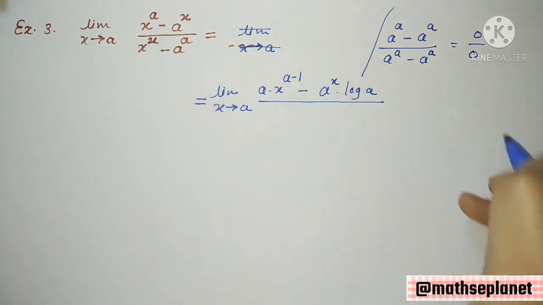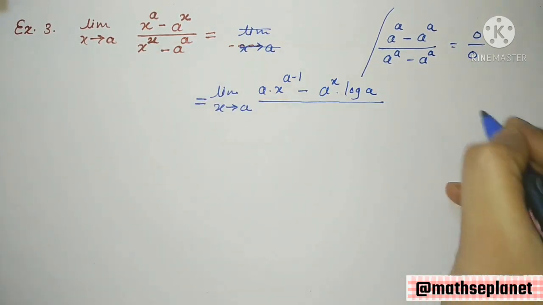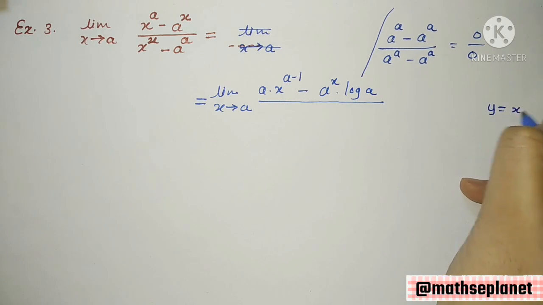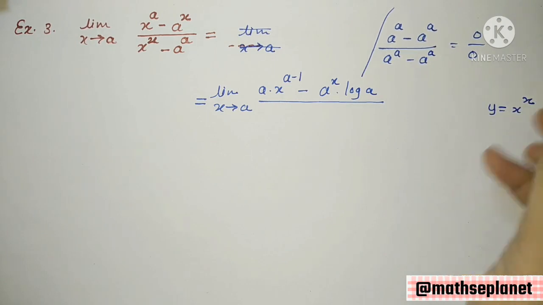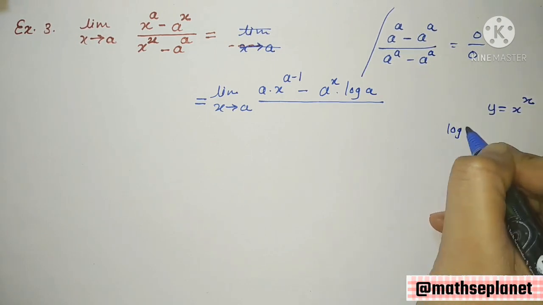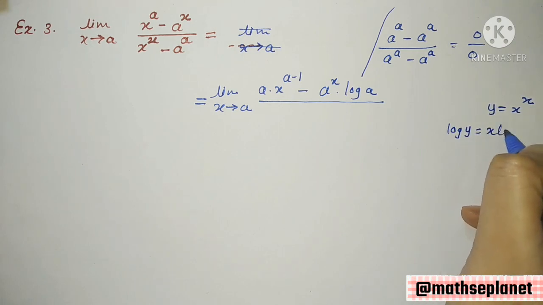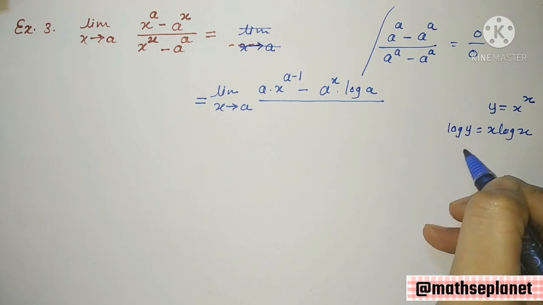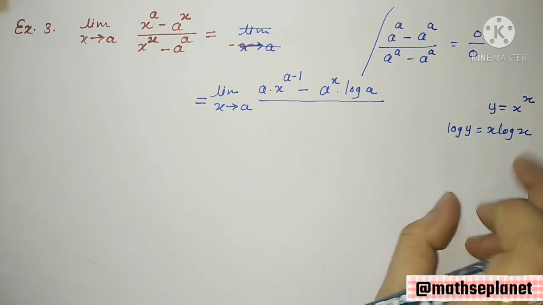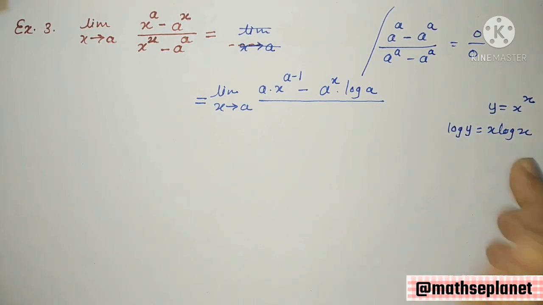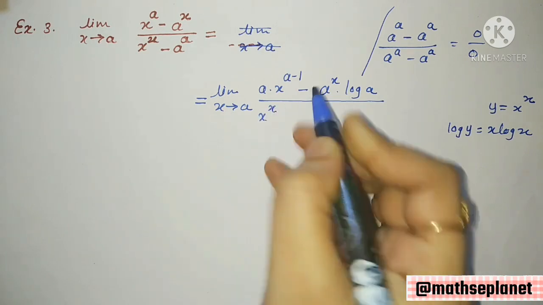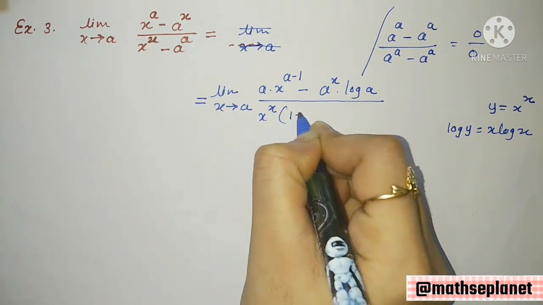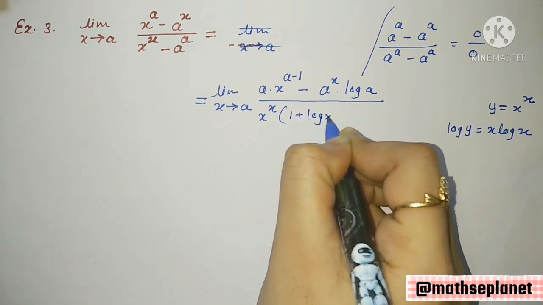Here we have to take the logarithmic differentiation and assume that y is equal to x raised to x, then take log y is equal to x log x, and if we take the differentiation of this, we'll get x raised to x in bracket 1 plus log x.